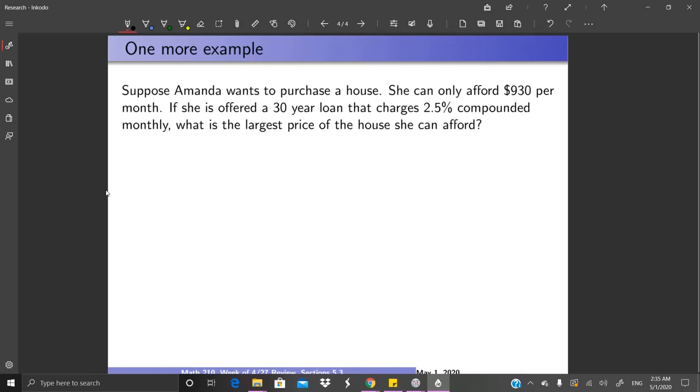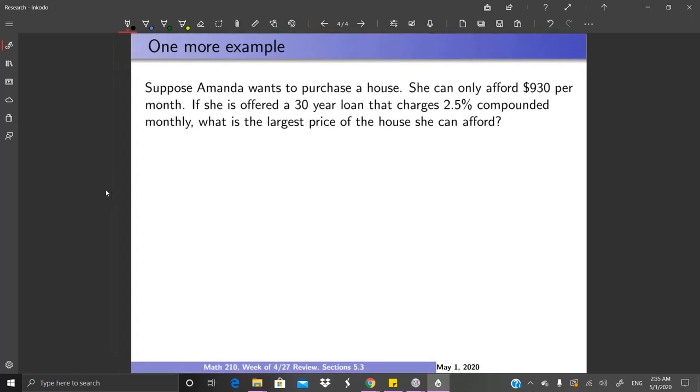Okay, right. So suppose I want to purchase a house and I can only afford $930 per month to do that, so my mortgage payment. I am offered a 30-year loan that charges 2.5% interest, compounded monthly.